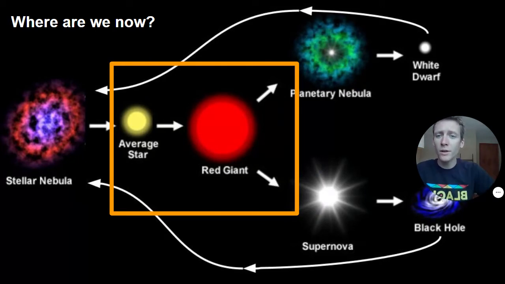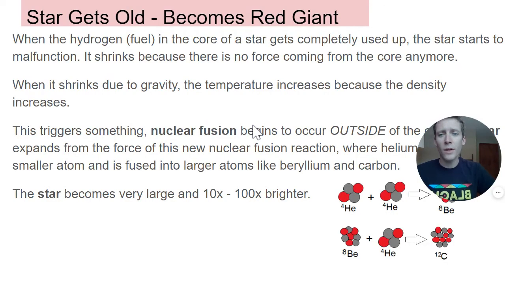Right now our sun is right here, it will become a red giant one day. And that will happen when it runs out of that fuel in its gas tank. When there's no more hydrogen in the core of the sun for that nuclear fusion reaction to occur, the sun will become a red giant.